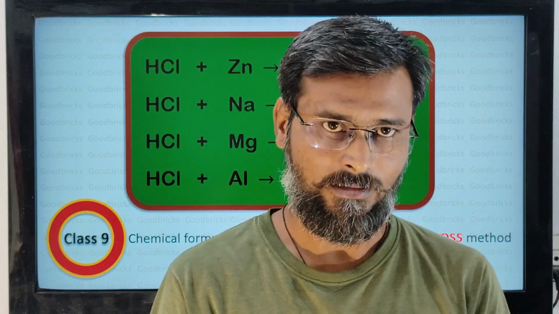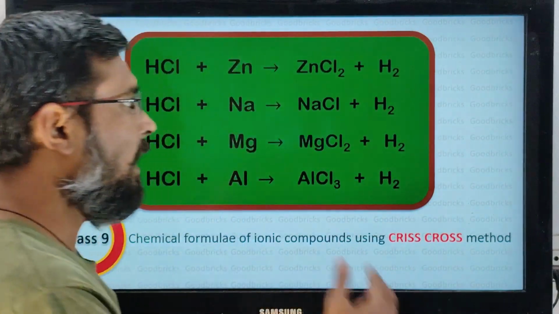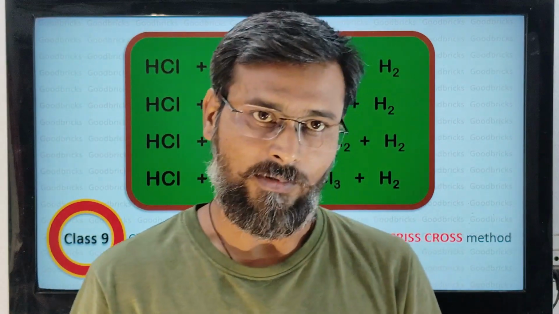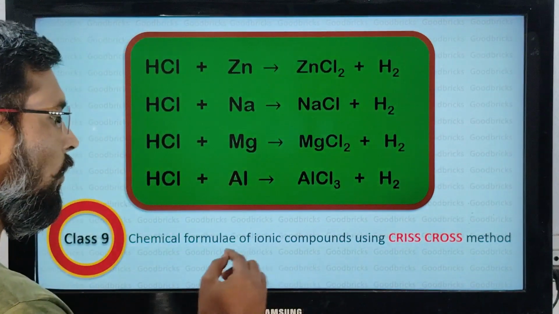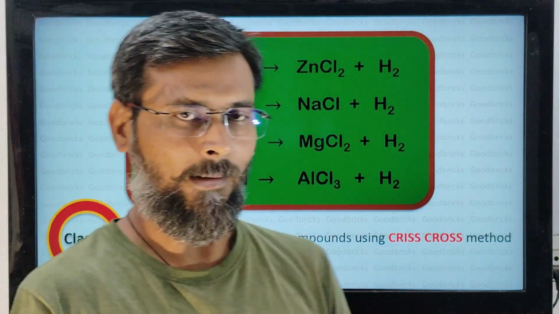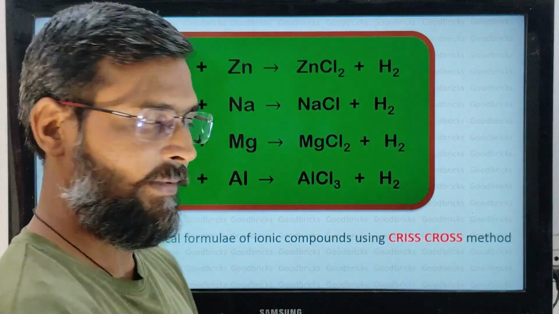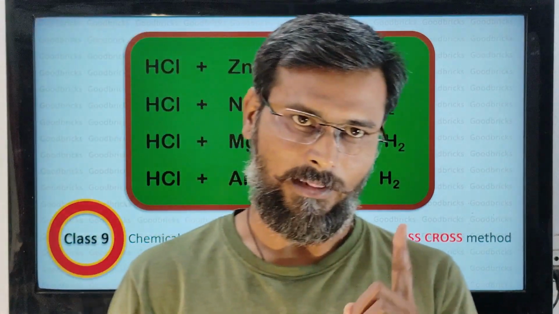Using the criss-cross method, we can easily tell the chemical formulas of especially ionic compounds. So, if you have patience, go and check how to write chemical formulae of ionic compounds using the criss-cross method, which you have studied in your class 9th.